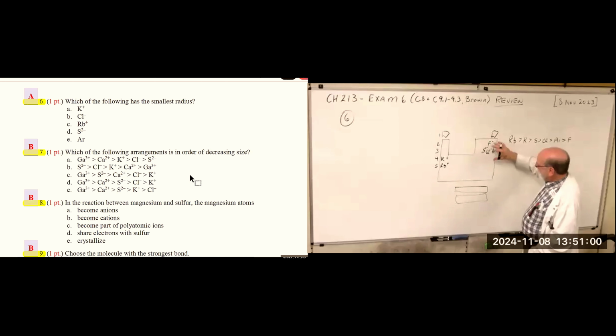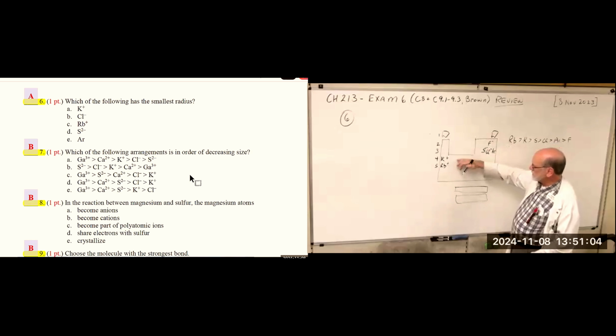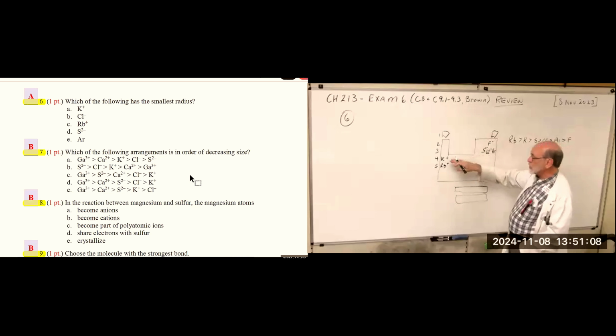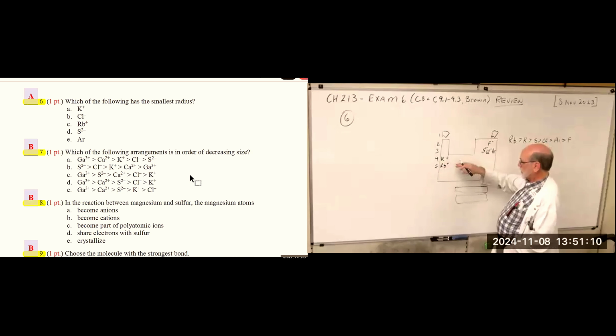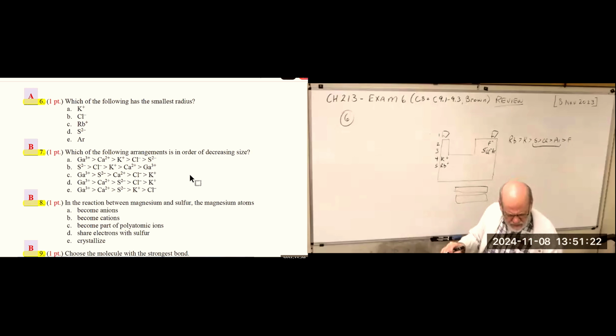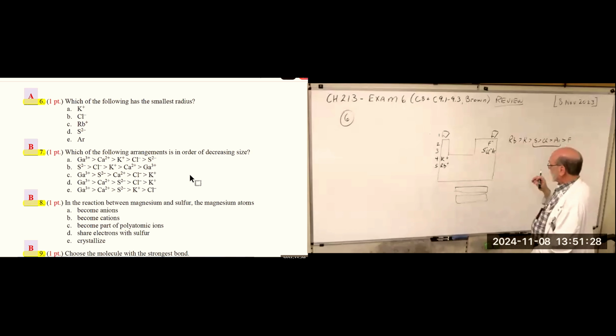So adding electrons to these guys puts them into the 4th valence shell. So it makes them huge compared to, or comparable to, these. All right. So sulfur, chlorine, and argon. Fluorine's the smallest. What it said, smallest radius.